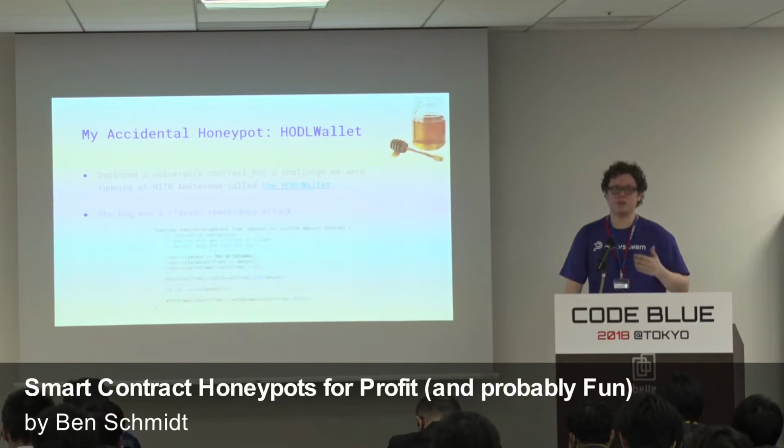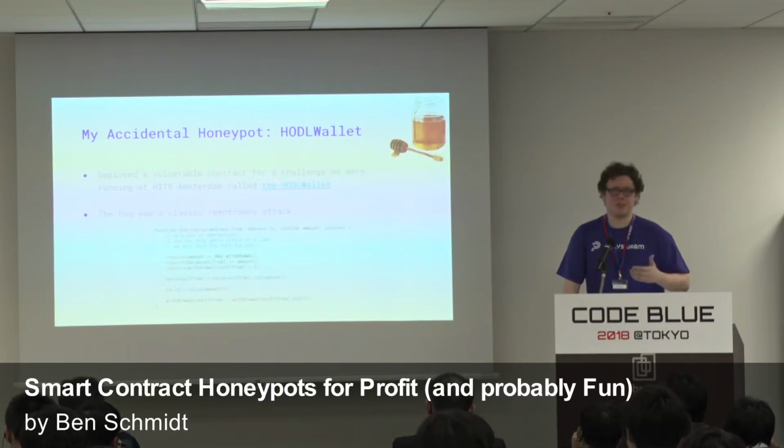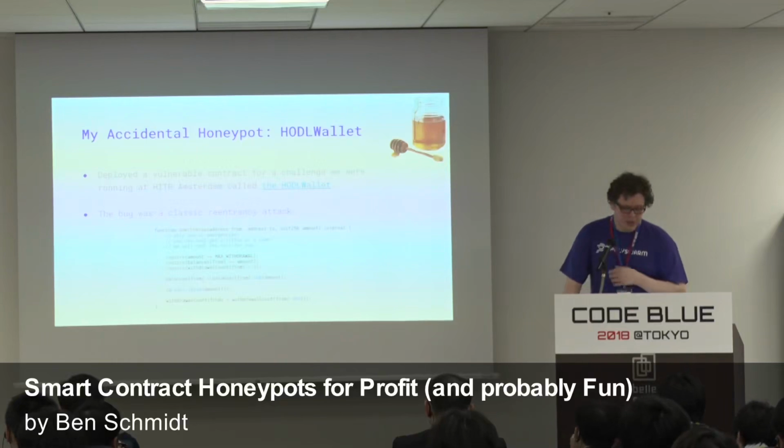So you couldn't withdraw all the ether from the contract, but you could bypass the limits I had set on withdrawals from that account. Rather than only being able to withdraw a dollar worth of Ethereum, you could withdraw about $40 worth of Ethereum. And once you did that, we gave a bonus to people who were able to do it first.